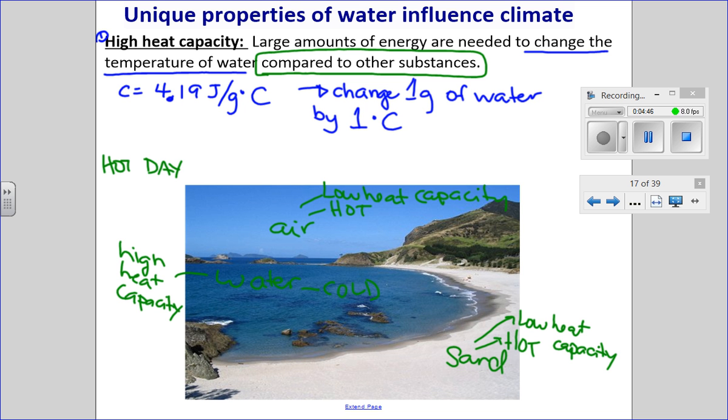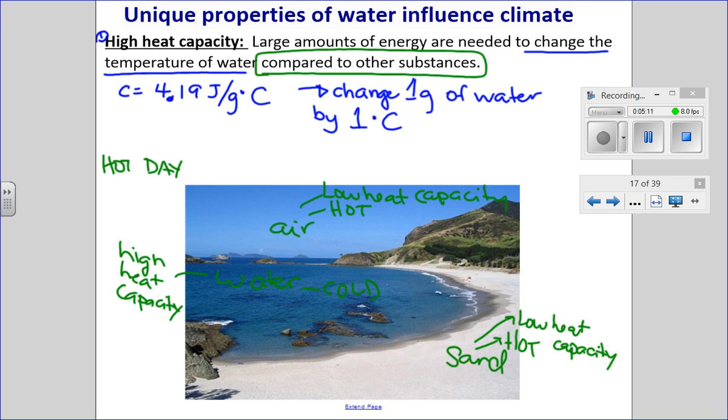Now, especially in a scenario like this, where we're obviously on the edge of an ocean, it would take an enormous amount of energy for you to even notice that the water felt warmer. And so the temperature of water is pretty cold even if it's really hot outside, because even though there's lots of energy around, it's still not enough to noticeably change the temperature of water.